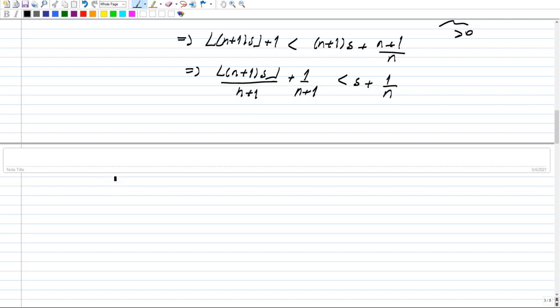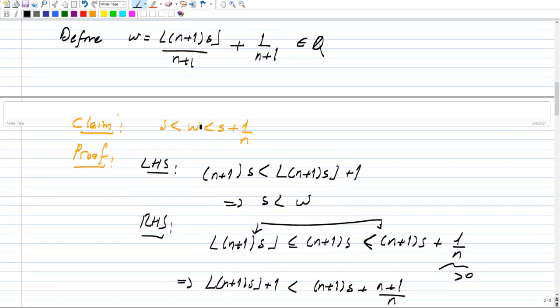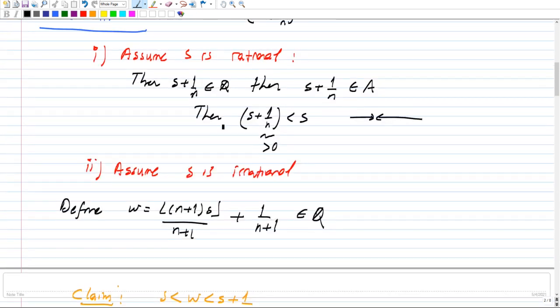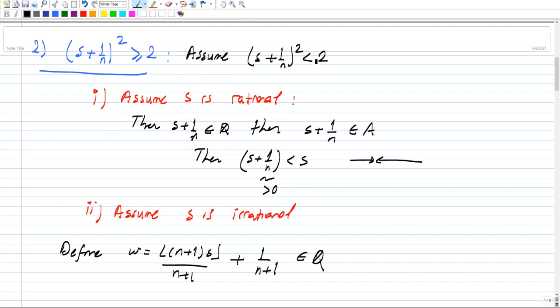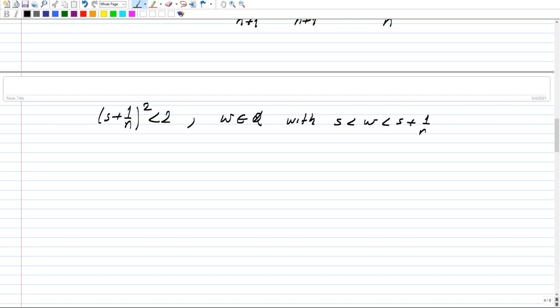So just look at the inequality and remember it. We have S plus 1 over n square less than 2, and we have w in the rationals with S less than w less than S plus 1 over n. So just square every side here.